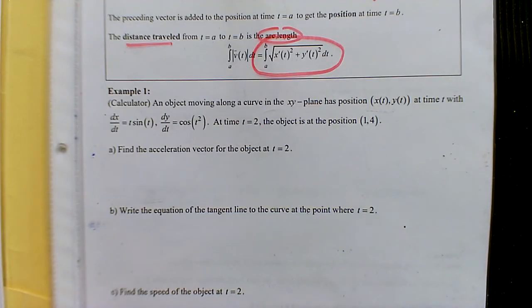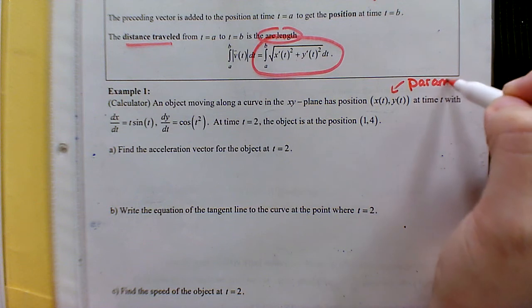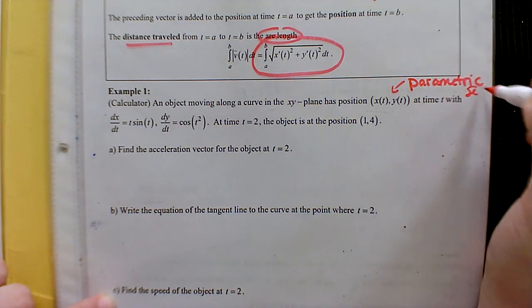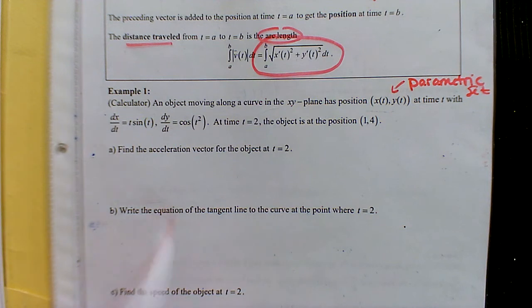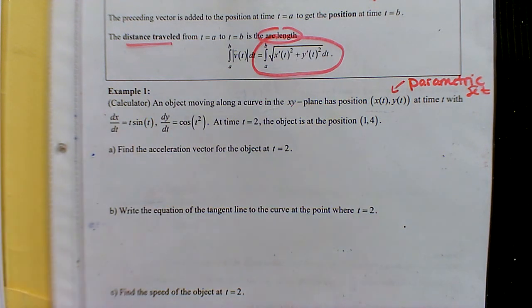All right, so the first one: an object moving along the curve has some position x of t, y of t. So this is basically telling you that you're using some type of parametric set where you have one equation that tells you the x coordinate and one equation that tells you the y coordinate. And they give you the x derivative and the y derivative, or the x rate and the y rate.